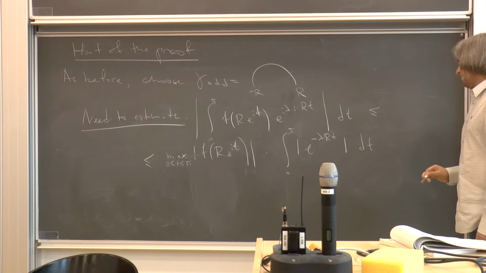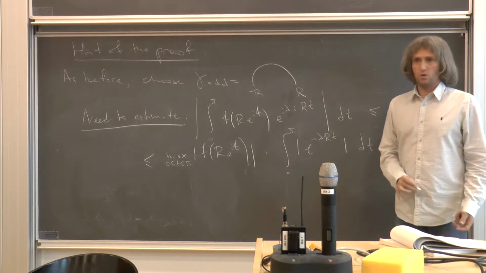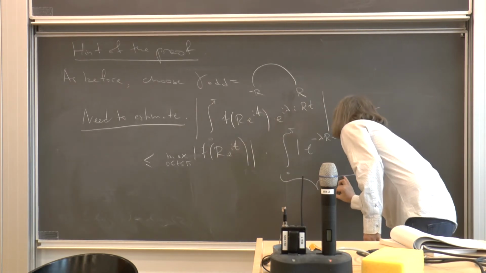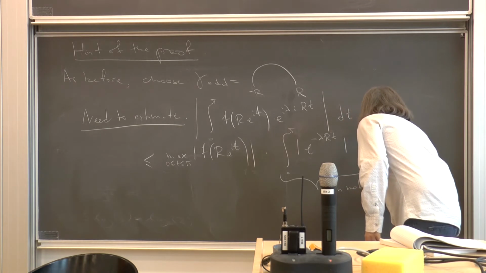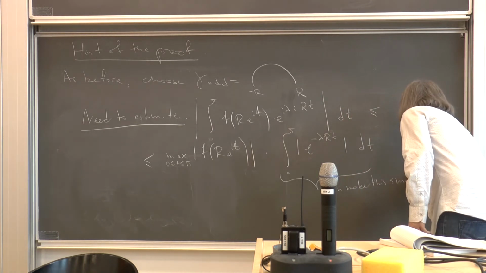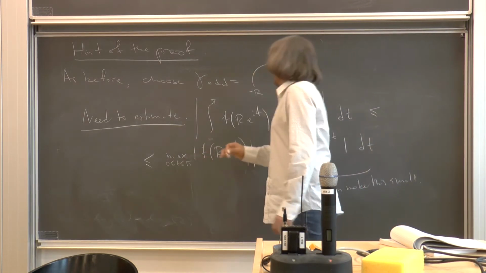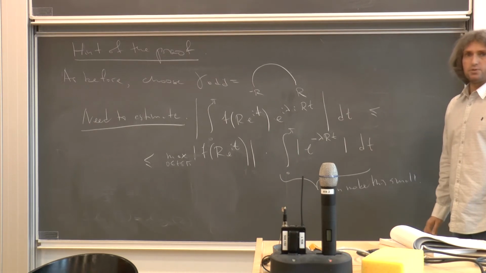And then the point is that you can make this small. So this maximum is bounded, and this can be made small. So in total, this tends to 0.